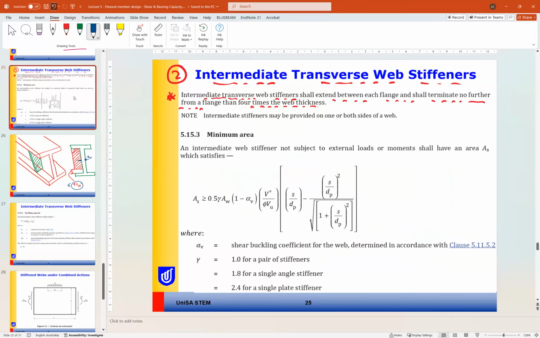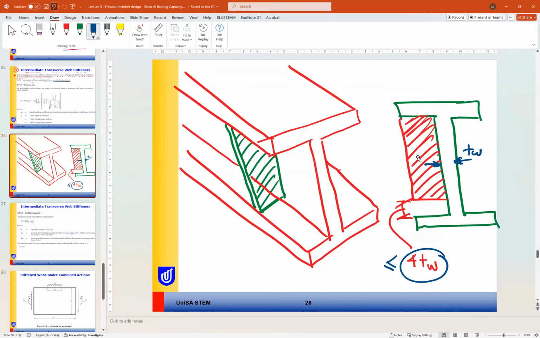Okay, so this is what is meant by the intermediate stiffener, and where we can stop it. The intermediate stiffener can also be provided on one or both sides of the web. So you can put it on one side like this, or you can put it on both sides.